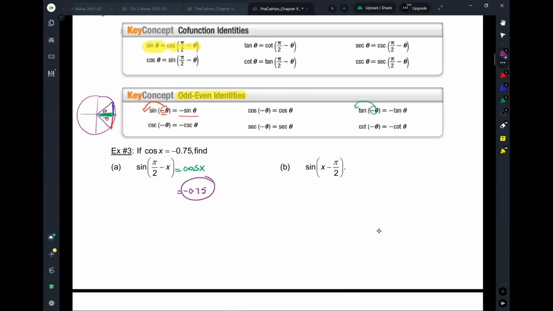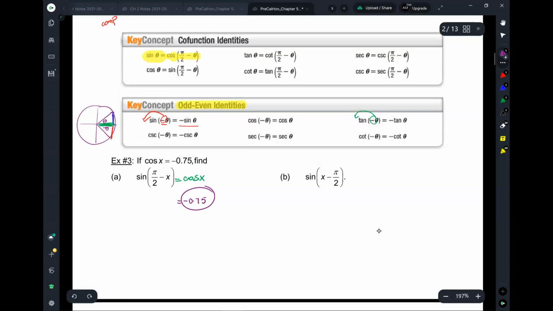Now, this is sine of pi over 2 minus x. This is sine of x minus pi over 2. What's the difference between the two of them? One is the negative of the other, right?